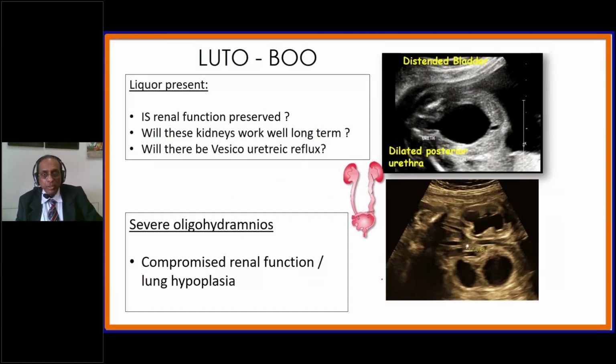Now the question in lower urinary tract obstruction is: is the renal function preserved? Will these kidneys work well long term? Will there be vesico-ureteric reflux? When there is severe oligohydramnios, we know there is compromised renal function and also lung hypoplasia.